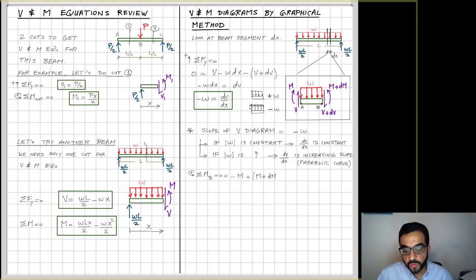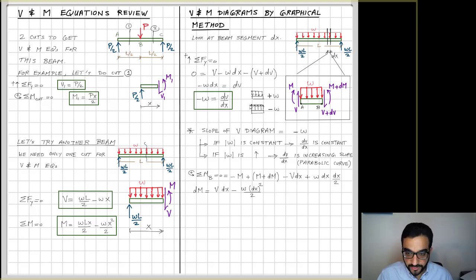And let's do the sum of the moments of that free body diagram of this segment of the beam. If I do the sum of the moments at point B, I have here the moment on the left face of the segment, M, and also the moment on the right face of the segment, M plus dM, and I have the negative V dx, that's the negative moment from the shear on the left face of the segment, and then I have W dx times dx over 2, the resultant of the W over that little distance dx times half of dx as the moment arm.